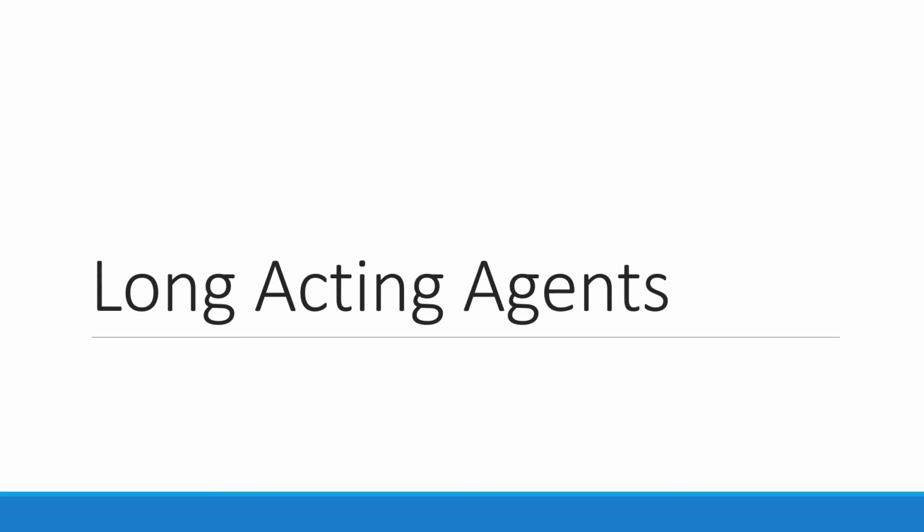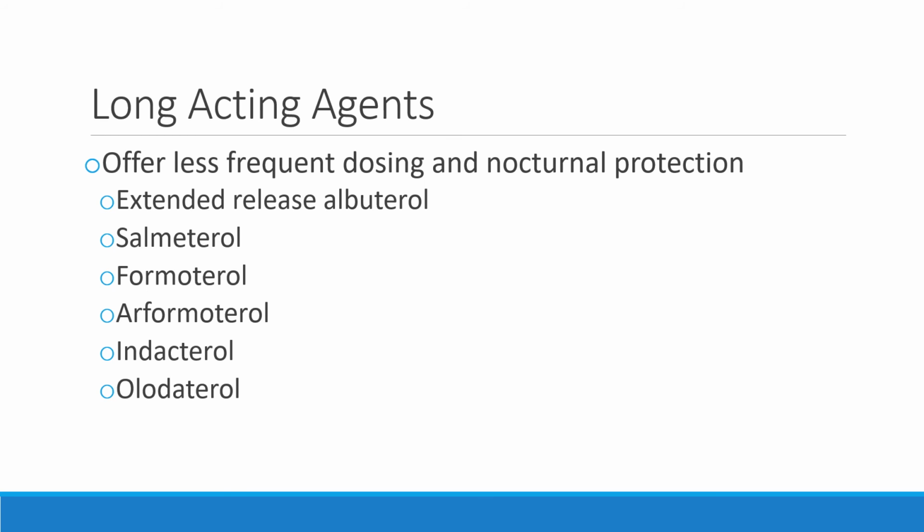So let's talk about long-acting agents. Long-acting agents offer a lot less frequent dosing and even overnight protection. Remember, overnight, 6 to 8 hours. A lot of these will last 6 to 12 hours, or even 12 to 24 hours. So that's the advantage here. They're great for overnight protection. There is extended release albuterol out there.